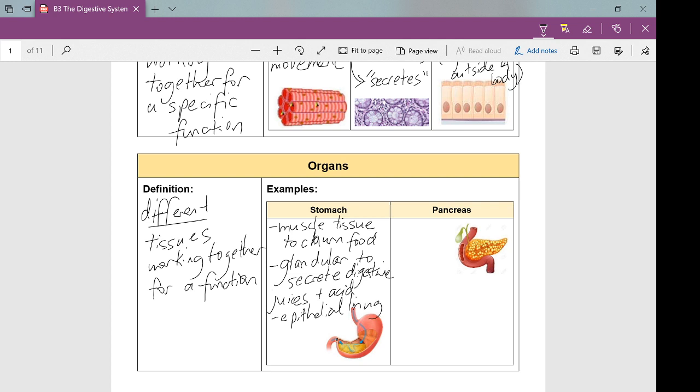There is one condition that some people might develop, and there's a bunch of different causes to it. People who develop stomach ulcers are basically where the epithelial tissue on the inside of the stomach gets damaged, where the mucus that's there, there's not enough.